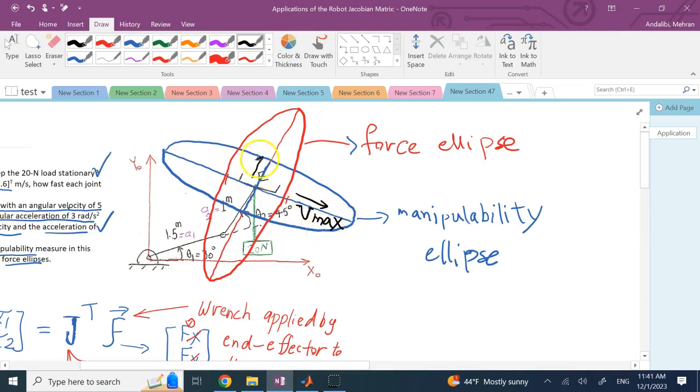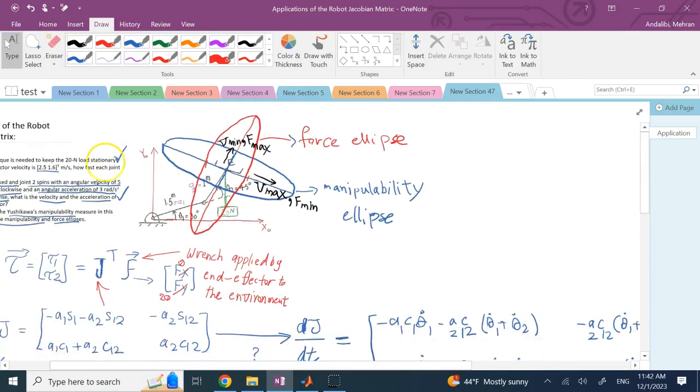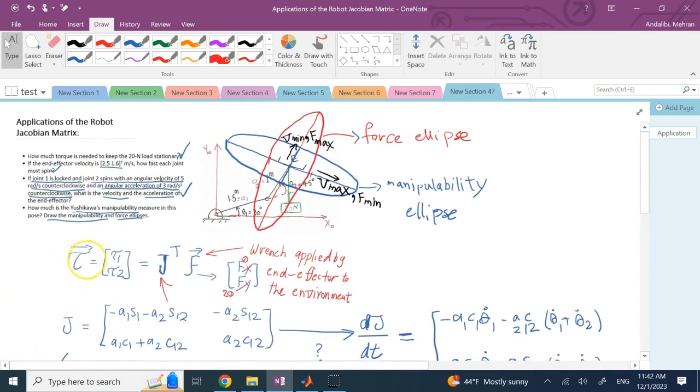This here is the Vmin direction. But at the same time that this is Vmin, this is going to be Fmax. In this direction, you can apply maximum force. In this direction, you can apply a minimum force. Okay? So these are these two ellipses: in which directions you can move fastest, in which direction you can apply the max force and also the min.